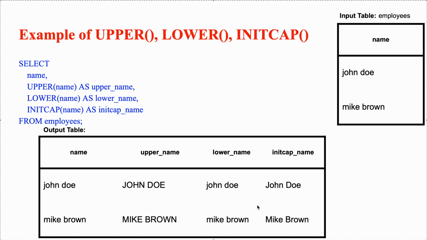Here's an example. Suppose we have an employee table with some mixed case names. Using UPPER, LOWER, or INITCAP, we can easily convert the names into the format we need, whether it's all uppercase, all lowercase, or proper case. This is very helpful for consistent data display and testing.